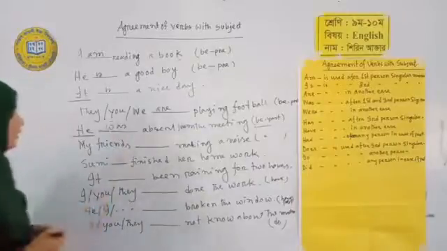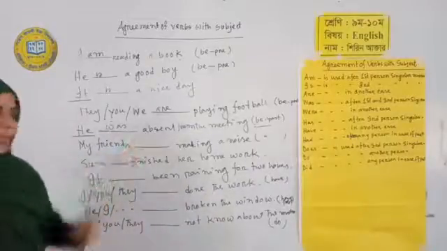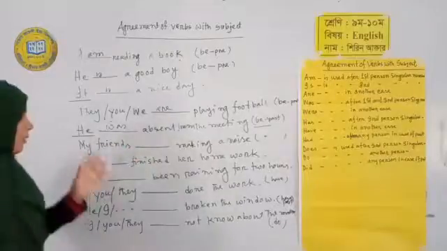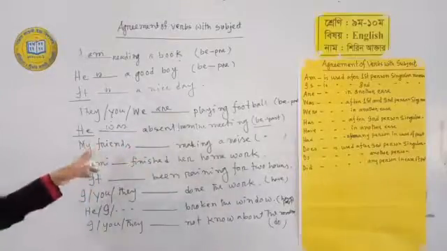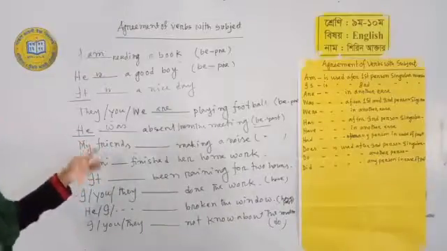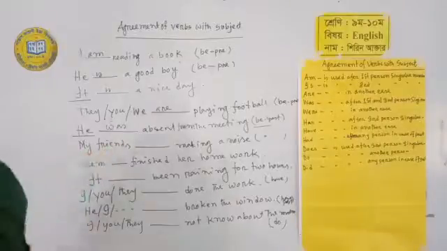Here the subject is my friends. My friends, which person and which number is it? It is third person. It must be a third person. My friends, third person.